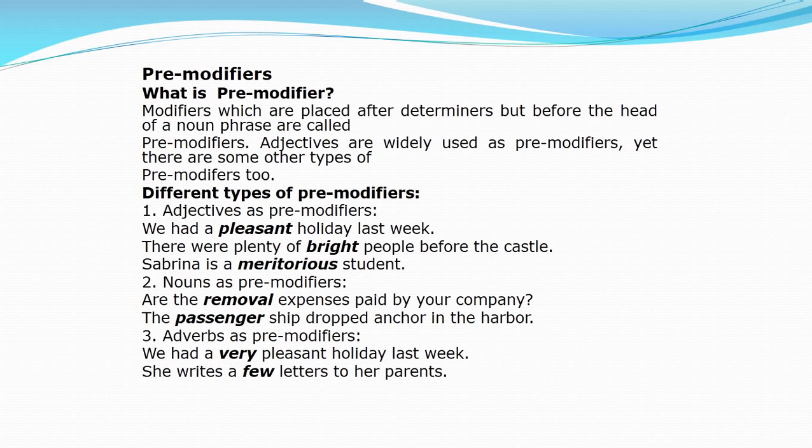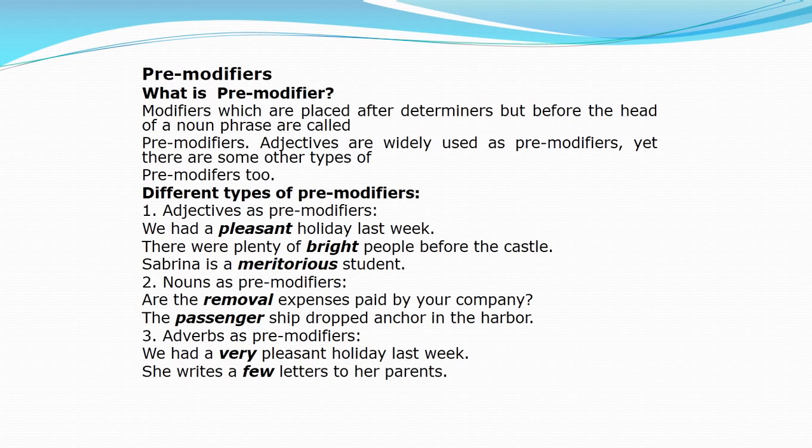Here are some examples of different types of pre-modifiers. Adjective as pre-modifier: We had a pleasant holiday last week. Here the word pleasant has modified the word holiday, and it is placed before holiday, so pleasant is a pre-modifier. There were plenty of bright people before the castle.